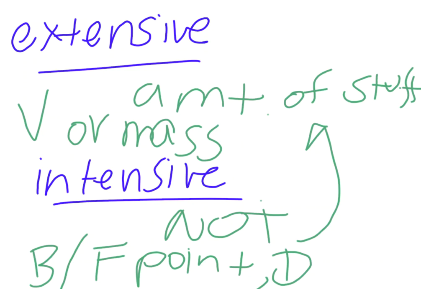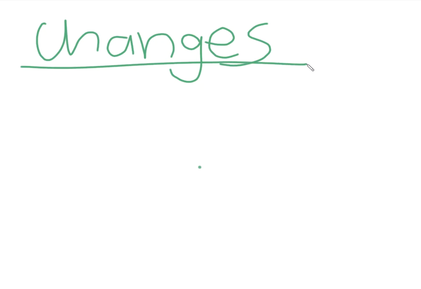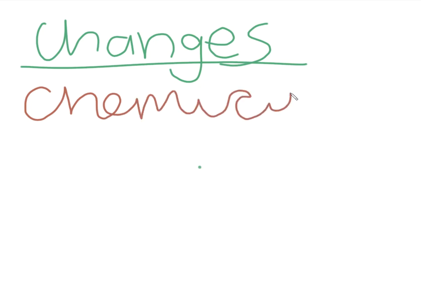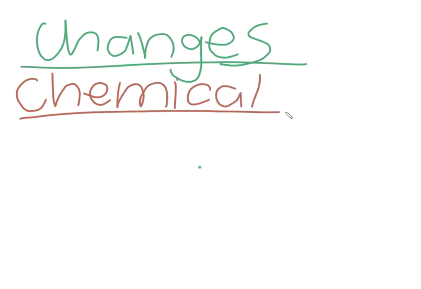Now let's go over another concept called changes. There are two kinds of changes that can be done to elements and compounds, which we'll get to later. There's chemical, and there's physical.